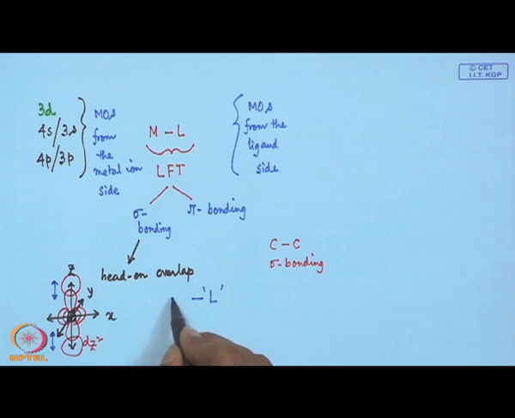So, how is this L interacting with the metal ion, and what are the orbitals we are talking about in terms of the corresponding sigma bond.